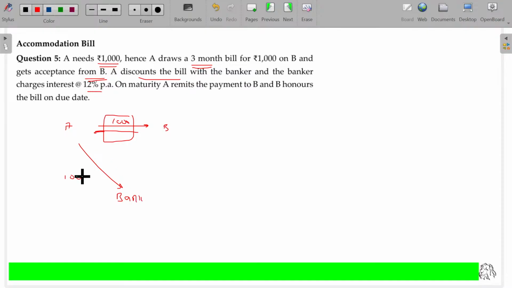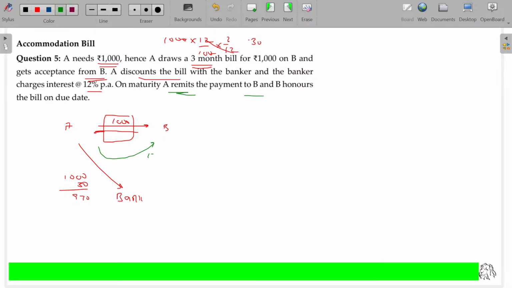So 12% per annum means 1,000 into 12% rate of interest for 3 months, so 30 rupees discount will go off. 970 is received by A. On maturity, A remits the payment to B.